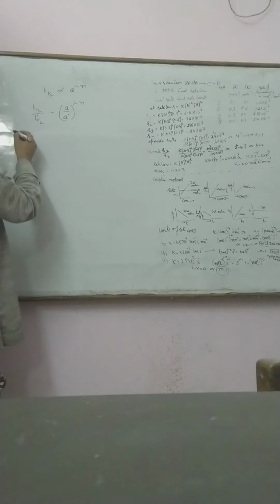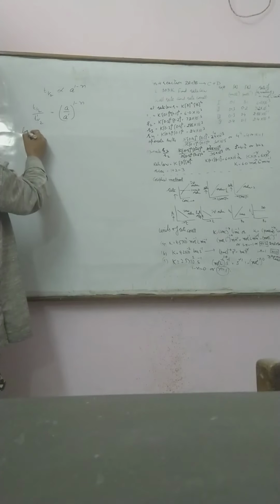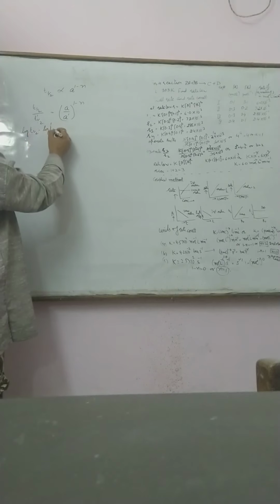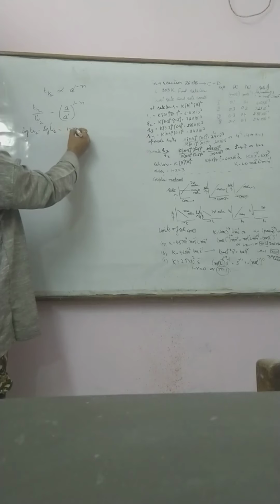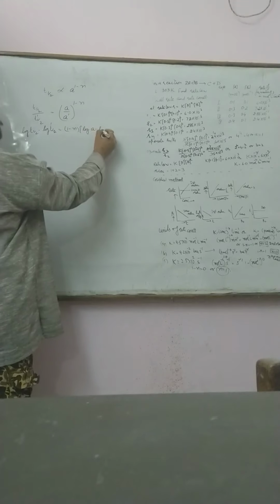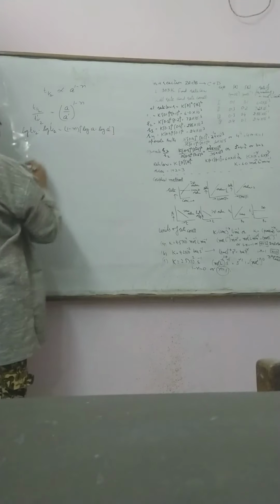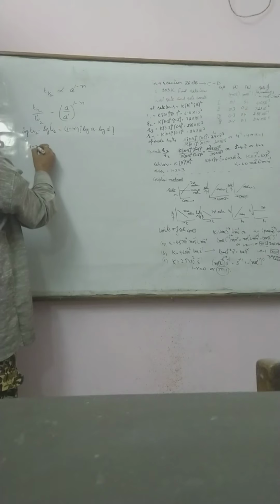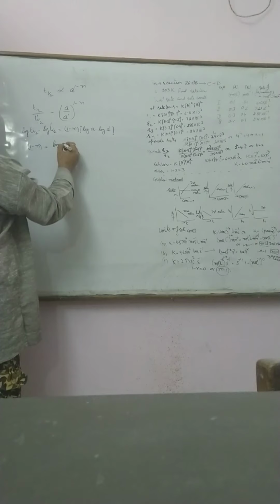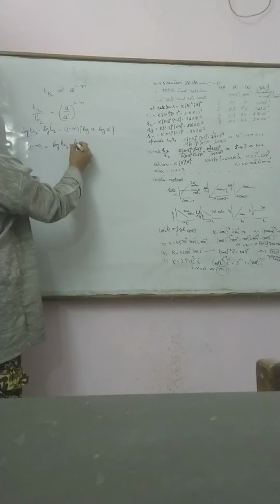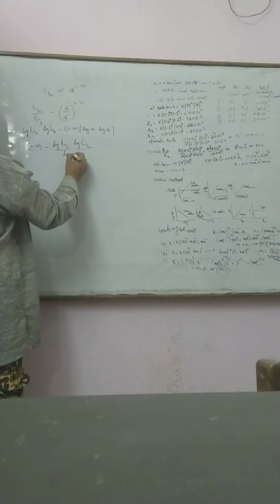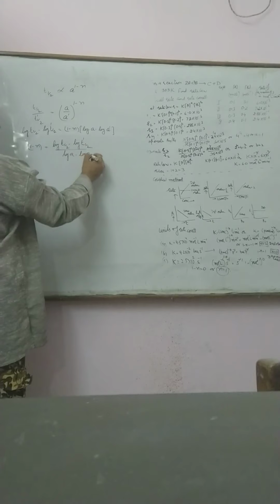On taking log of both sides, we get log of T half minus log of T dash half is equal to 1 minus n into log of A minus log of A dash. Or 1 minus n is equal to log of T half minus log of T dash half over log of A minus log of A dash.